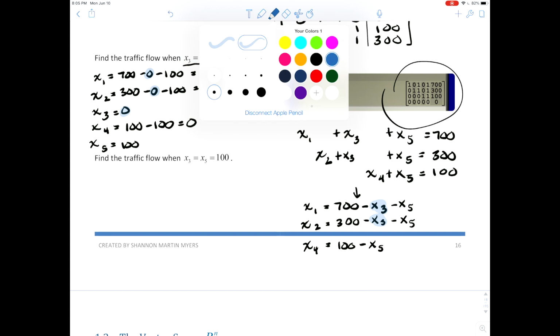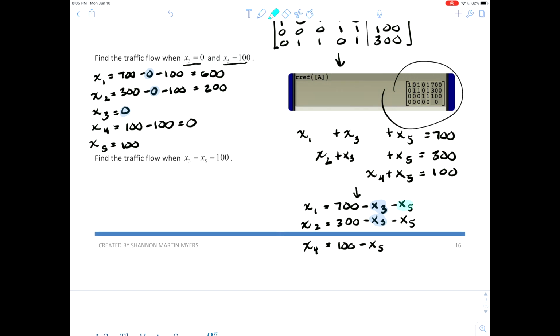And then wherever there was an x5, I plugged in 100. And so that's our traffic flow for that situation, all right?